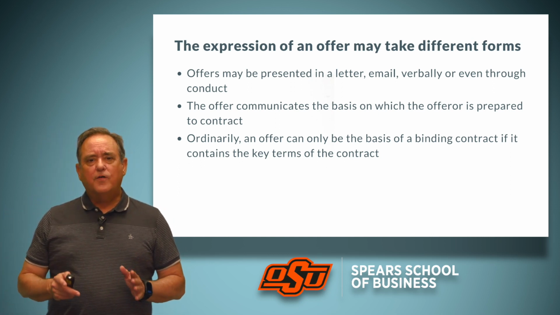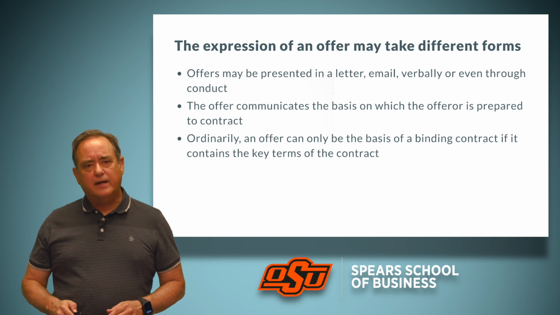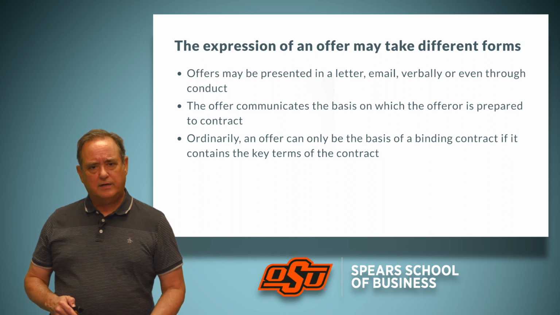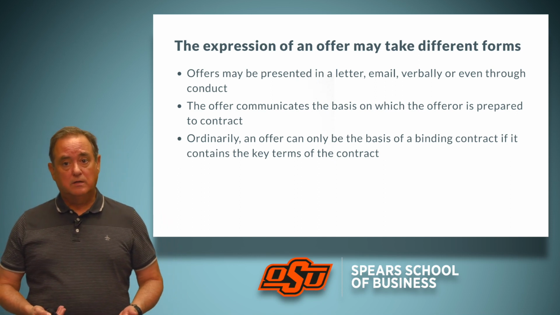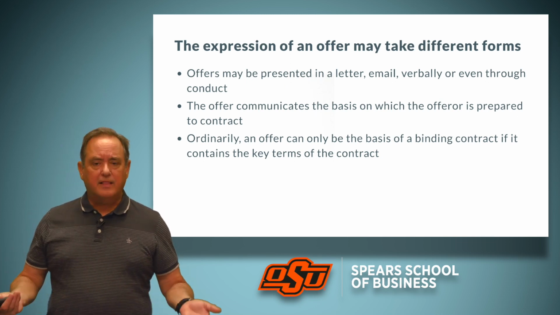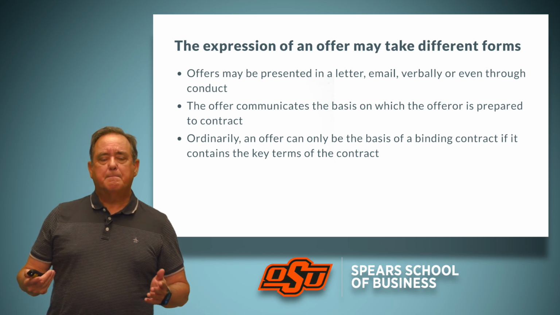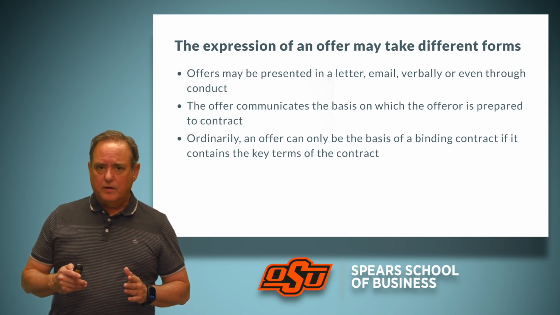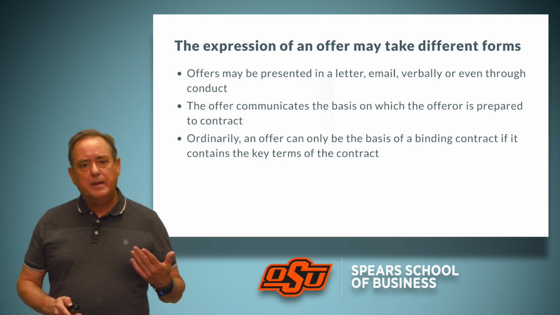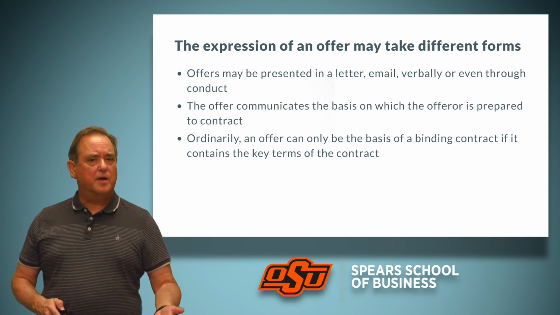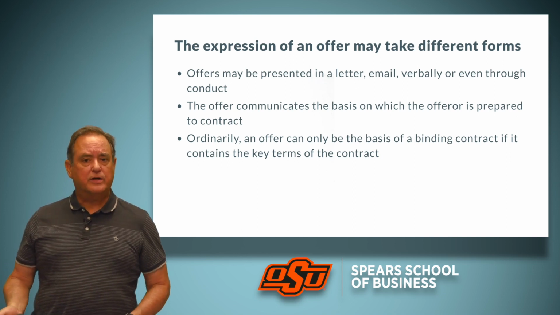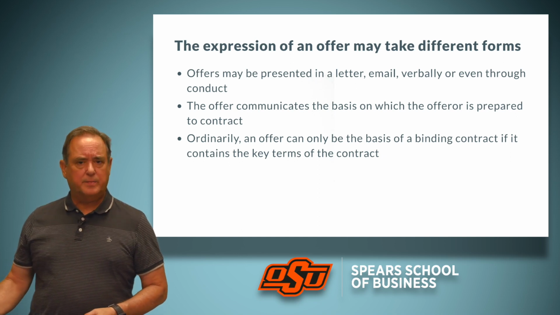Ordinarily, an offer can only be the basis of a binding contract if it contains all of the key terms of the contract. According to the common law, any missing term could invalidate the contract. Under the UCC, we can have a valid contract even if there are important terms that are missing from the agreement. So when I say the UCC makes it easier for parties to enter into a contract, the UCC wants there to be a contract.